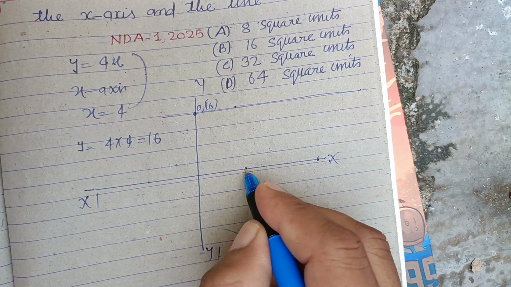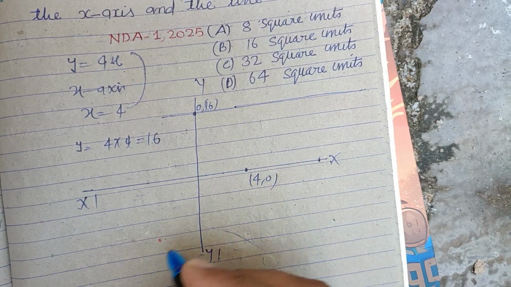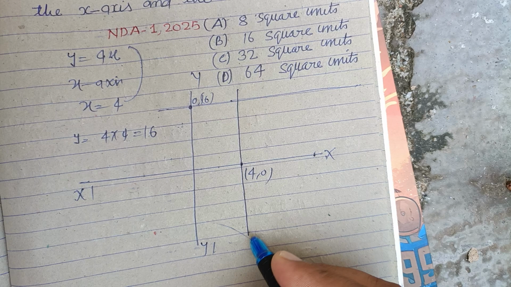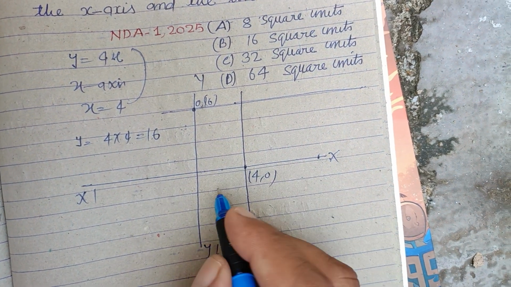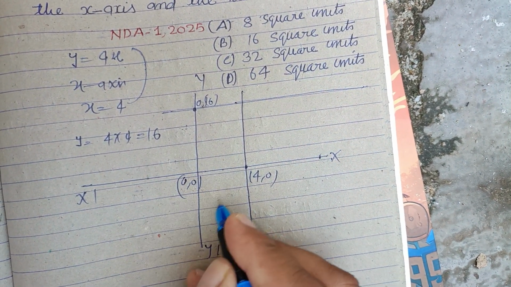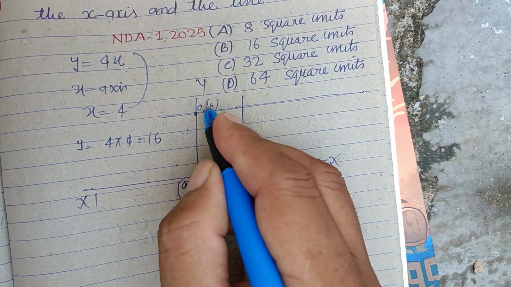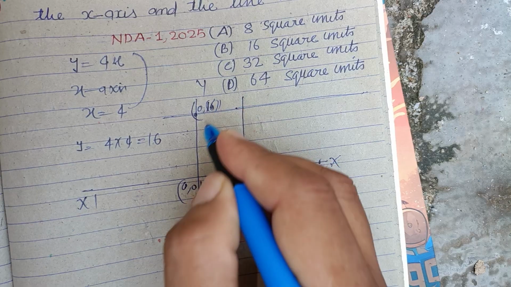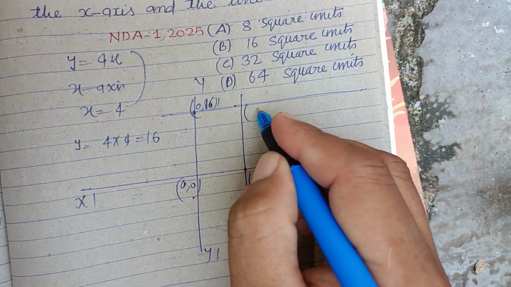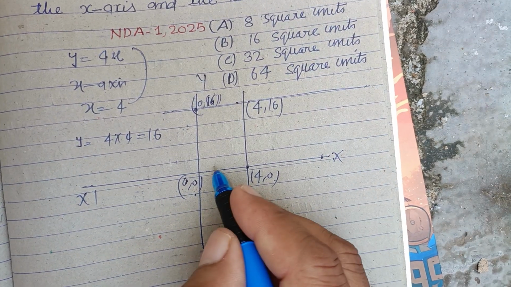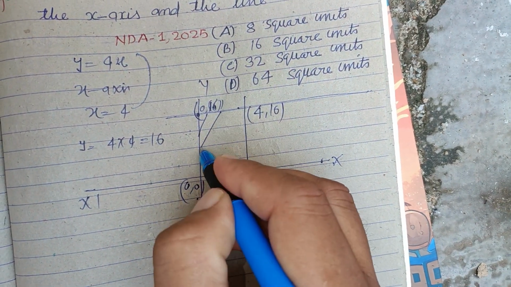Here is the point (4, 0). This is the x-axis and this is the line which is parallel to the y-axis. So student, this is (0, 0), which is the origin. This is (4, 0), and this is (0, 16), and this becomes (4, 16).